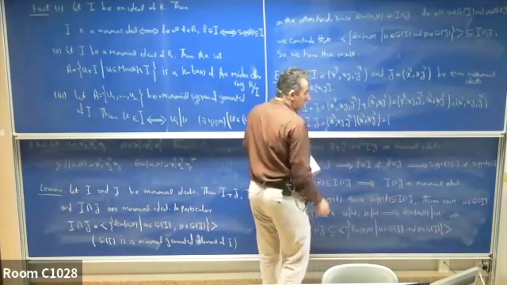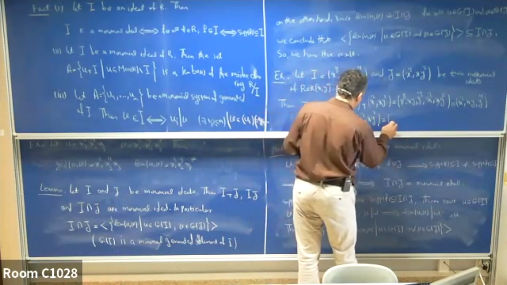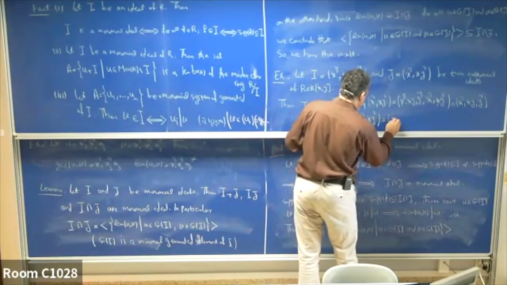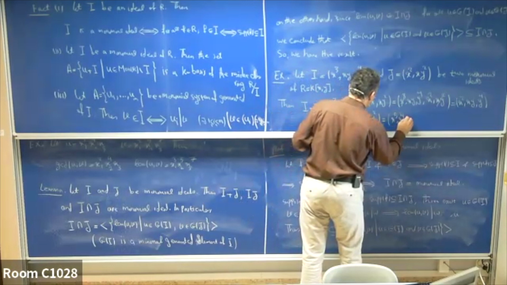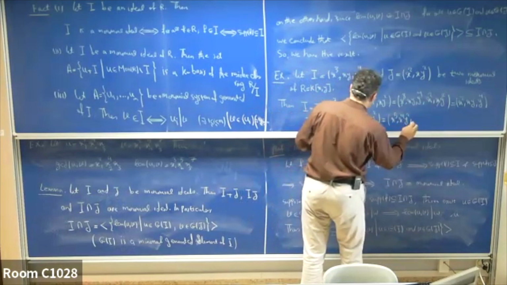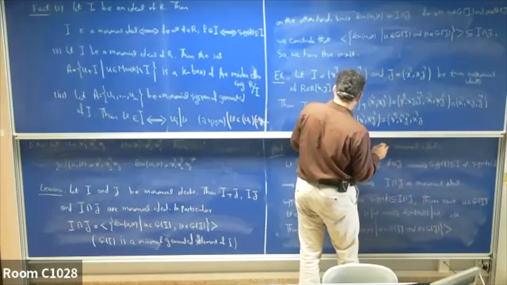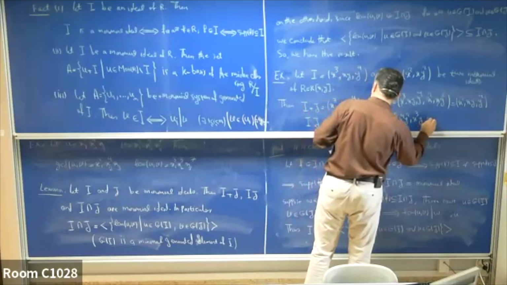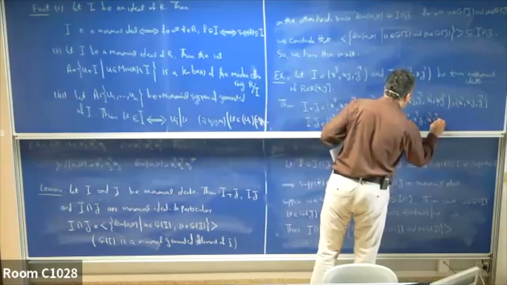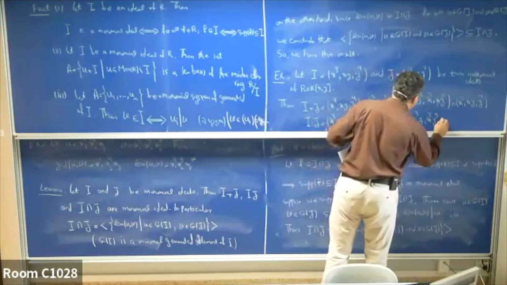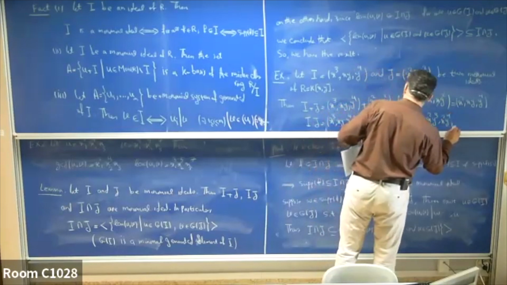This ideal is equal to, for example, x^5, x^4y^2, x^3y, x^2y^3, x^2y^4, and xy^6.